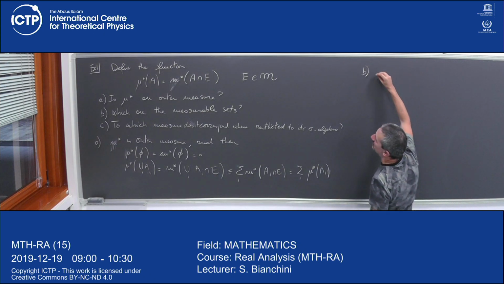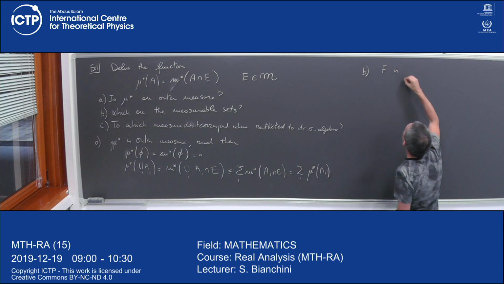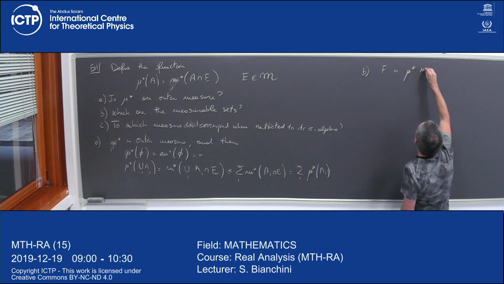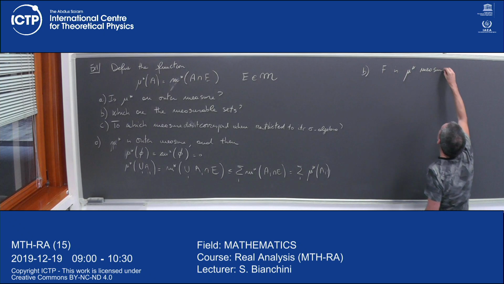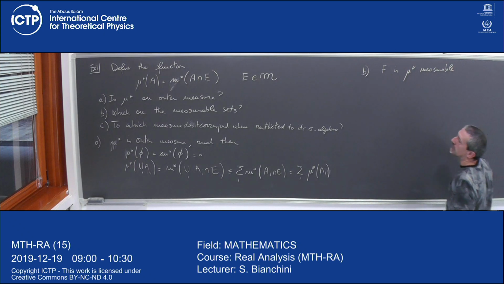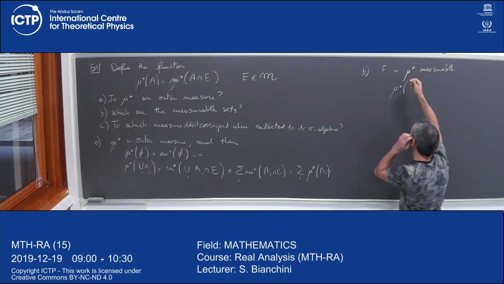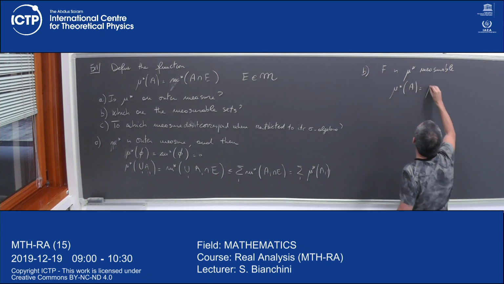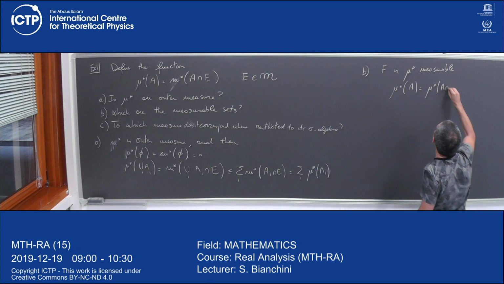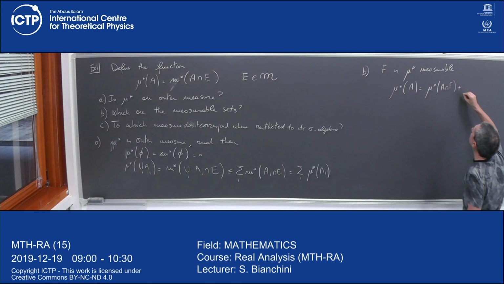Let's say F is measurable. I have to require that for all A, mu star of A is equal to mu star of A intersection F plus mu star of A minus F.